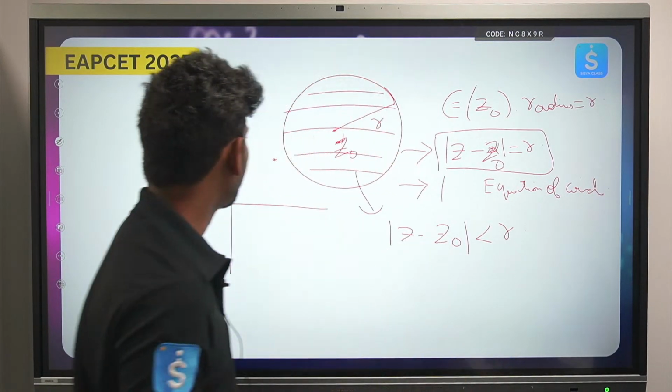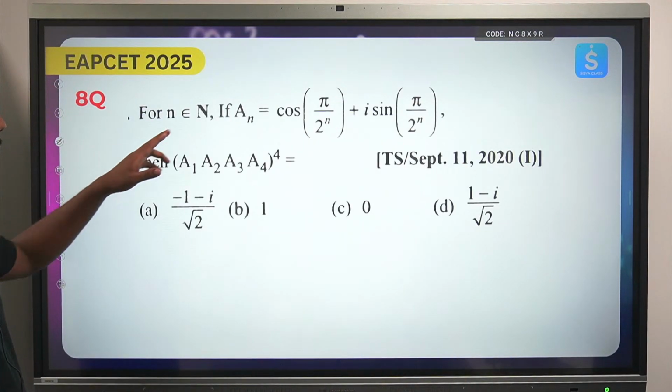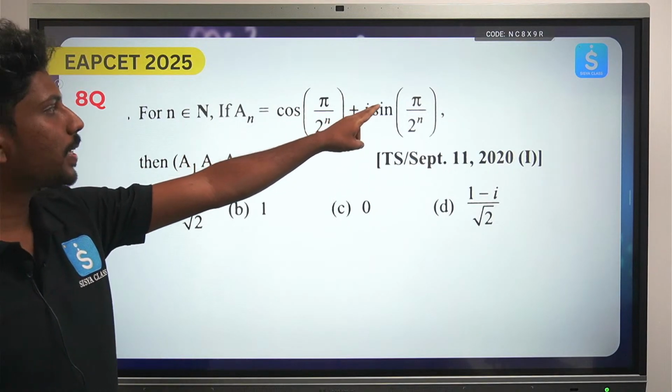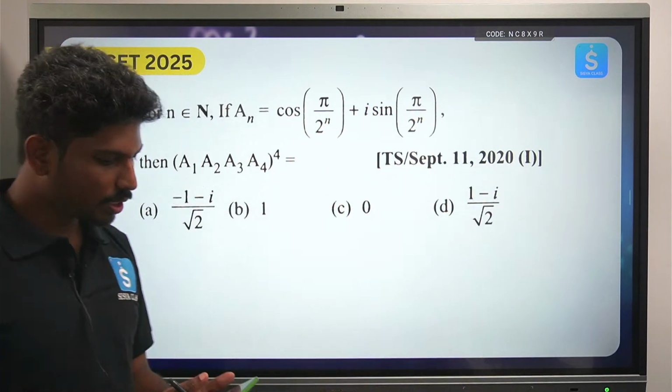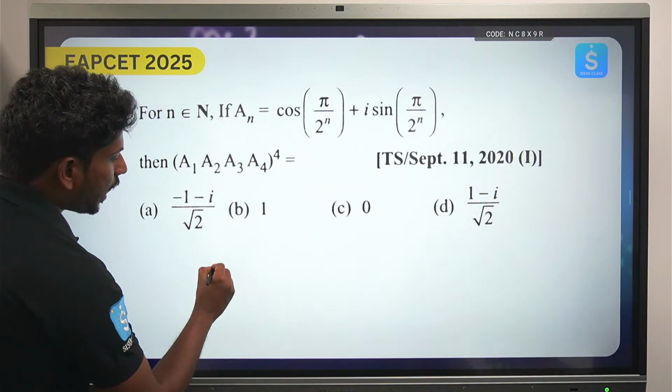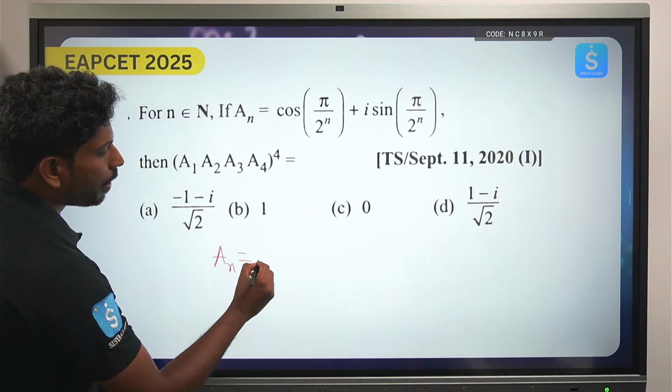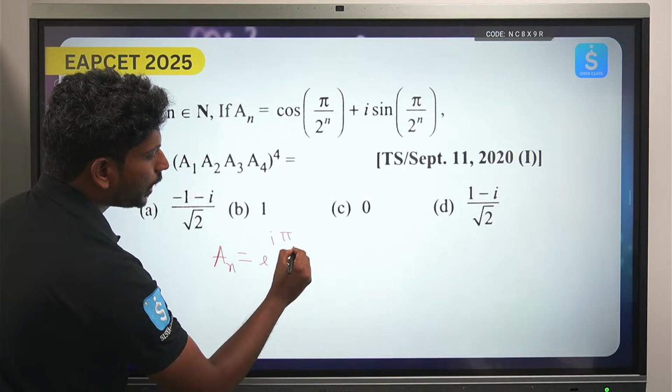Okay, see the next question, cos pi by 2 power n plus i sin pi by 2 power n. This was asked in the 2020 exam. Please look, a_n is nothing but e power i pi by 2 power n.